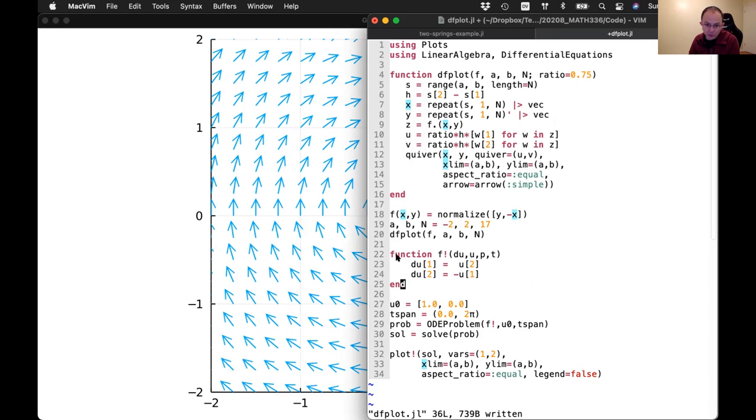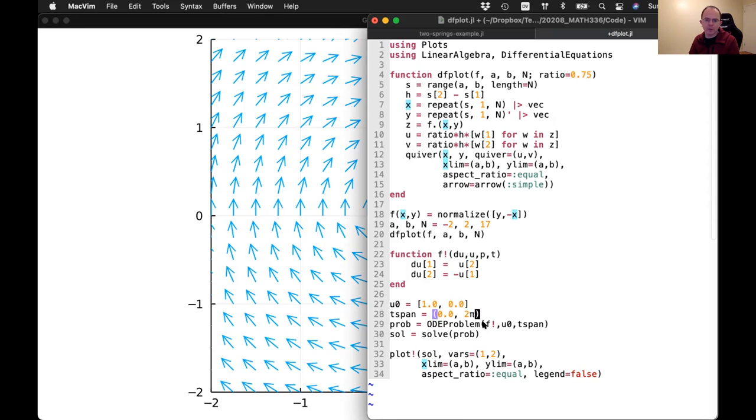Here we enter the first order system. It's given by u1 is x and u2 is y. So the derivative of x is y, which is u2, and the derivative of y is negative x, which is u1. Our initial condition is 1, 0, and we're going to solve it from 0 to 2 pi.